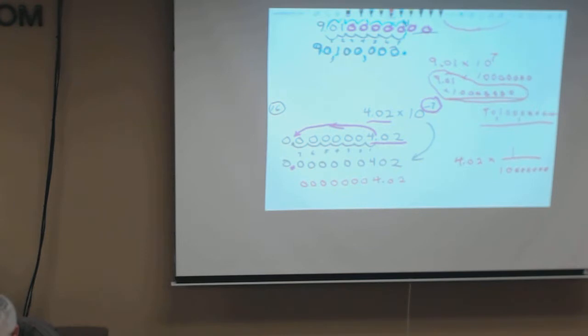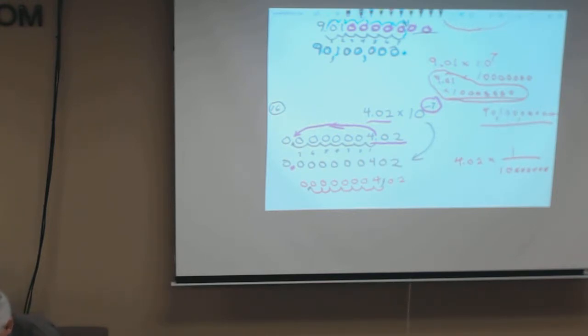Then I'm going to move it, just to make sure I'm doing it right, I'm going to move it 7 times. 1, 2, 3, 4, 5, 6, 7. There's where my decimal point goes, right there. 0.00000402. See what's happened? I take it out of here. 0.00000402.